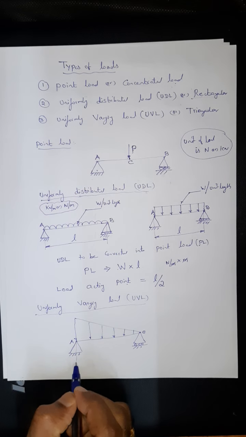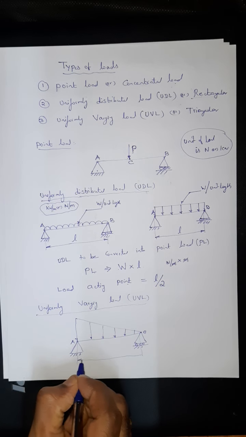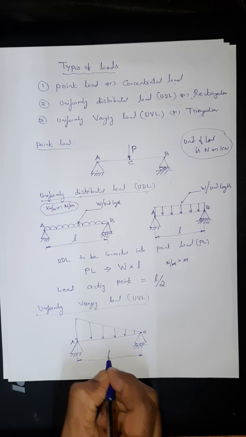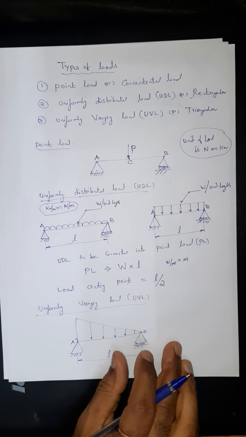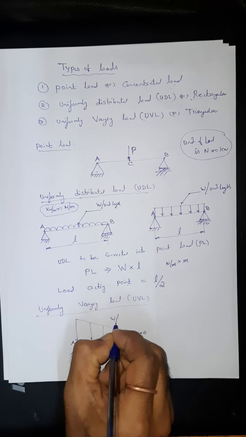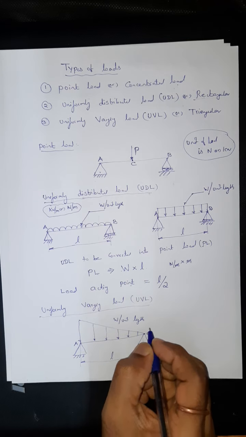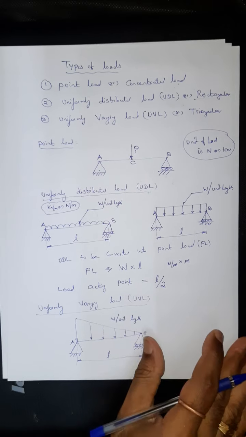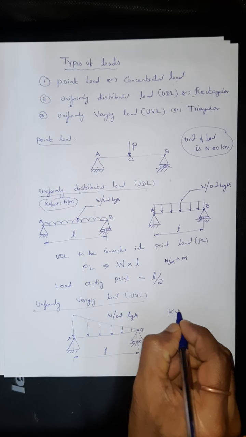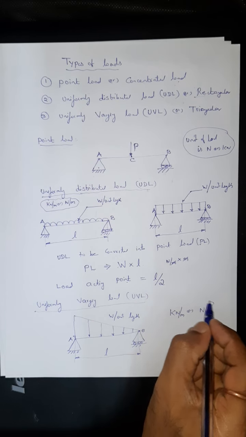And the length of the beam or the load can be taken as L, and the load intensity can be considered as W per unit length. So the unit of the UVL shall be either kilonewton per meter or Newton per meter. Just remember this.